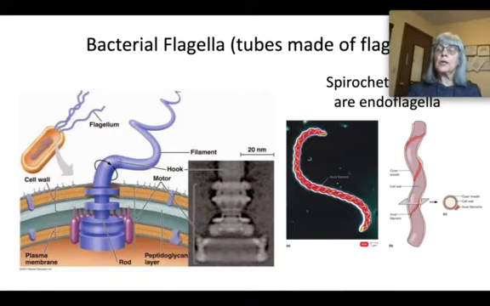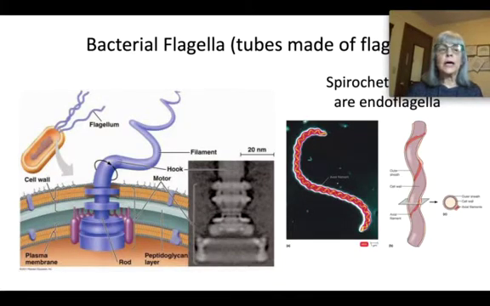Well, if it's going towards something that sends out signals as being harmful or not beneficial for the bacterium, it will switch into clockwise, flip, and change direction, and then propel counterclockwise. So it's known as chemotaxis or taxis. Okay.